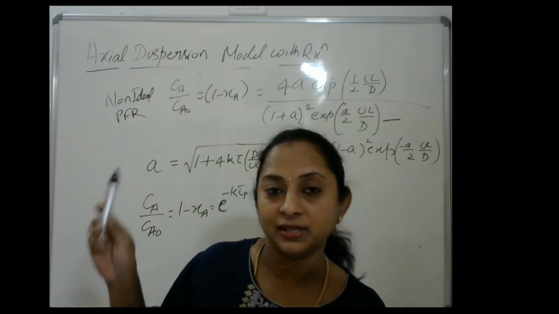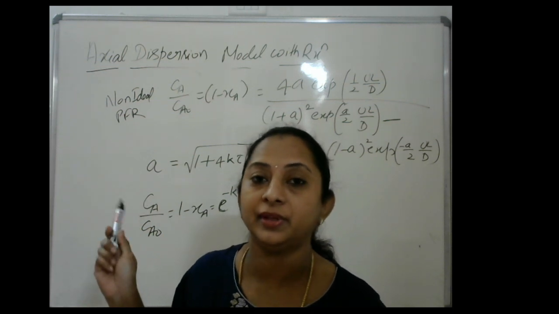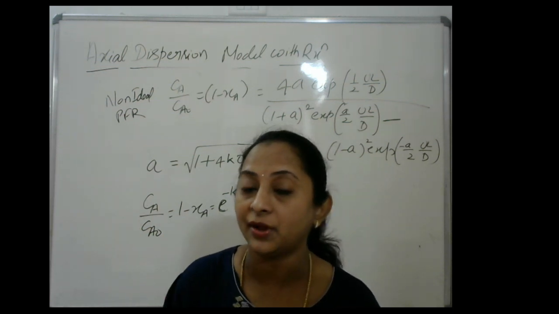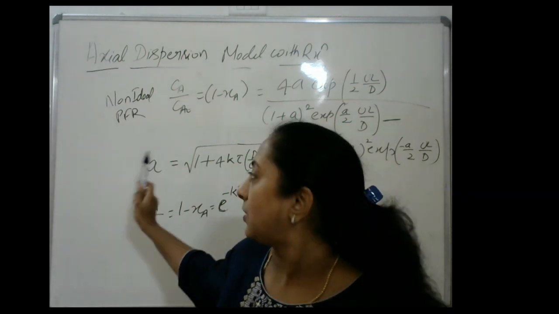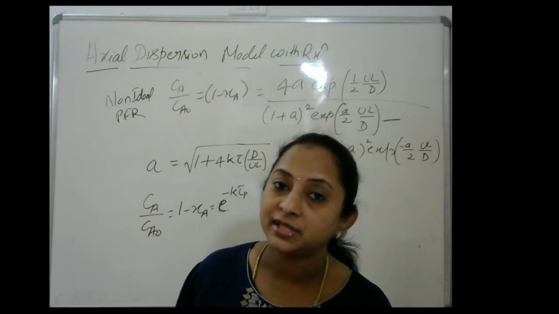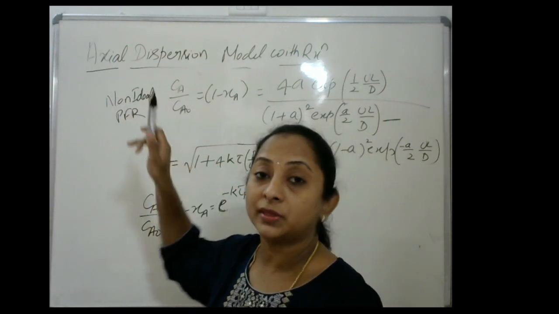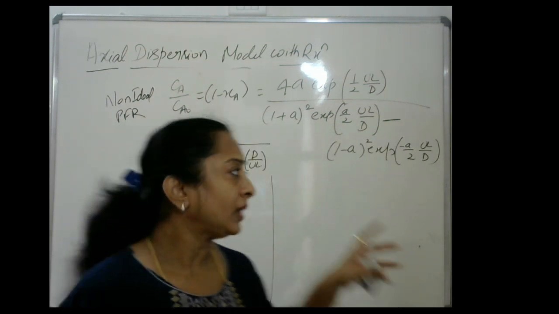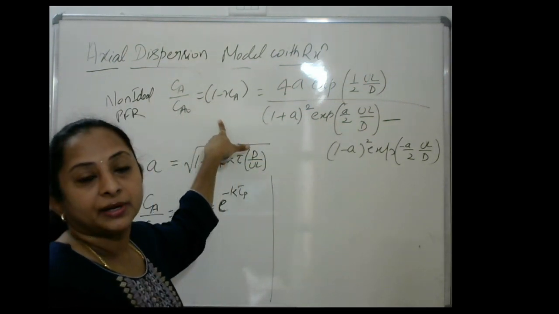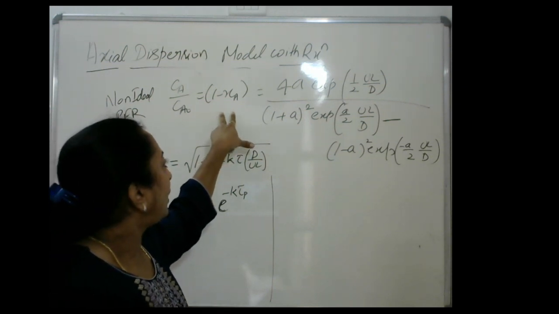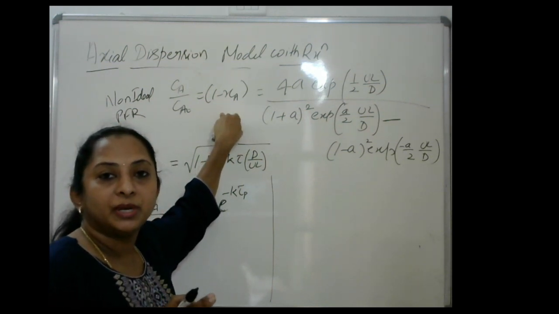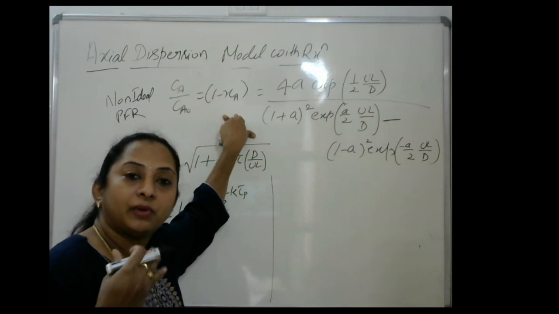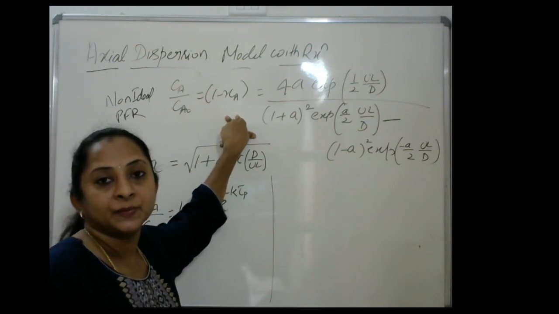One such model, for a PFR with a lot of dispersion, we have developed, and with this we can mathematically calculate the conversion. After calculating the conversion, how does this really help me? It helps me find the extent of non-ideality.